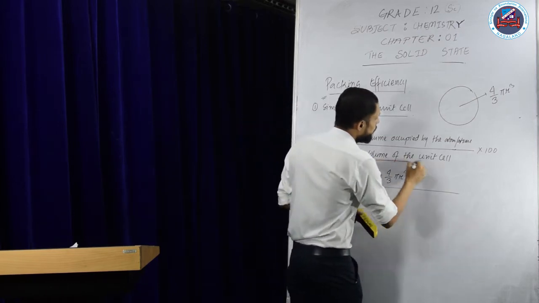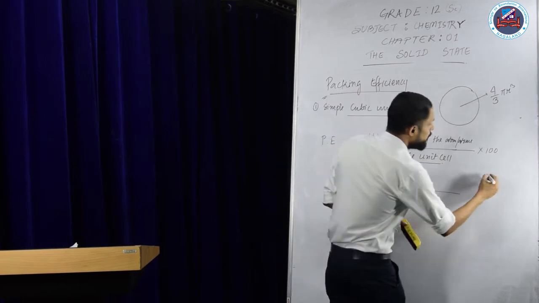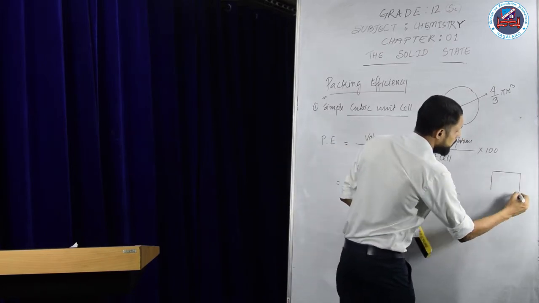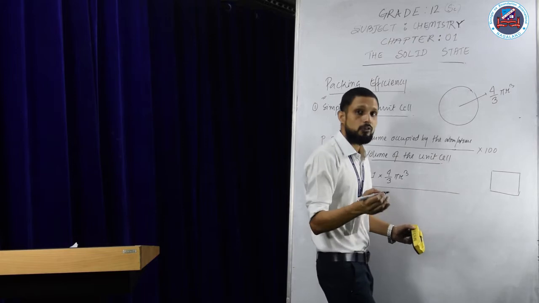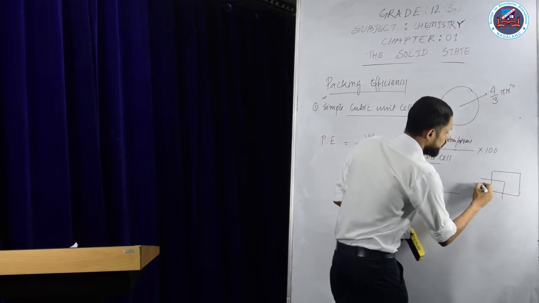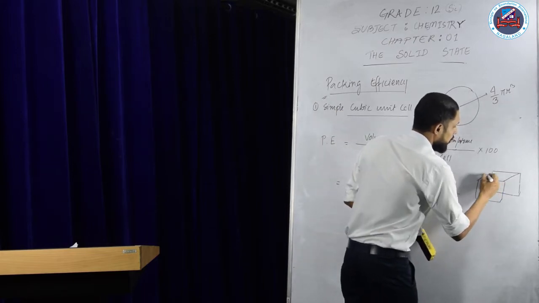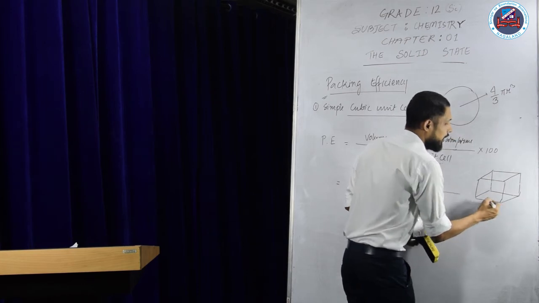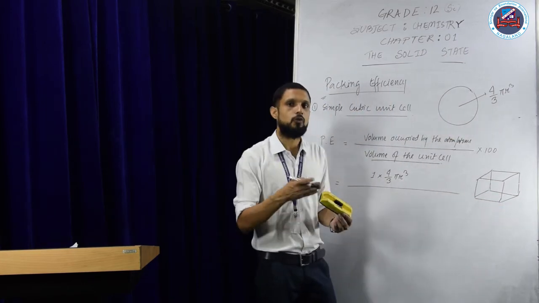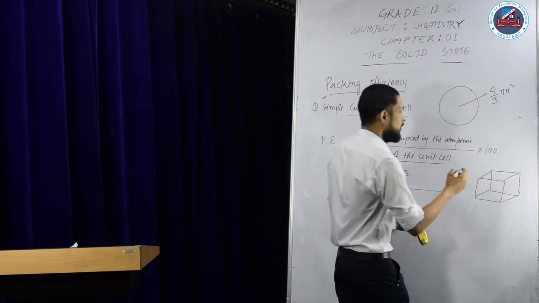Now volume of the unit cell. If we consider a cube, since we are studying cubic unit cell, so in a cube, length, breadth and height all are equal, that is a equal to b equal to c. So let us take it as a.